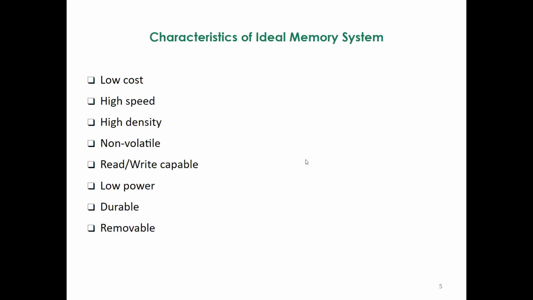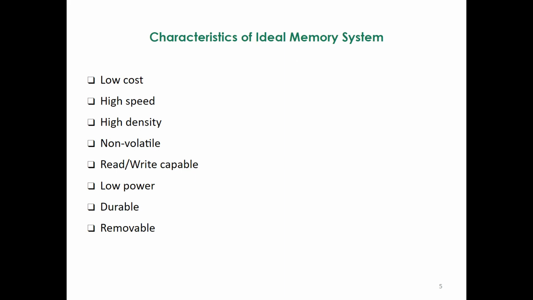So ideally, if wishes were horses, this is what the processor would like to have from memory, right? Of course, wishes are not horses. So there are trade-offs that ought to be made in life, because we don't always get the ideal things that we want. But ideally, the processor would love to have memory that is cheap, at the same time high speed, at the same time high density, meaning we can store more bits per unit area.